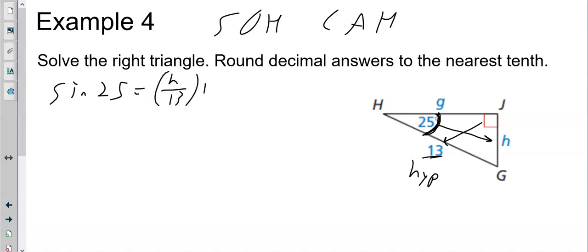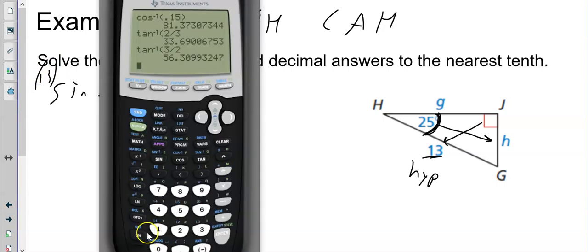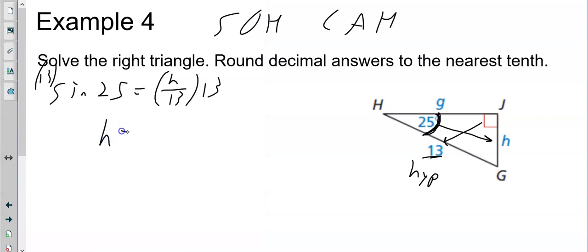Now remember, this is the easy one where you just simply multiply by 13 on both sides. So on a calculator, all we do is type in 13 times the sine of 25. Easy peasy. Round to the nearest tenth, that's 5.5. So H is 5.5.